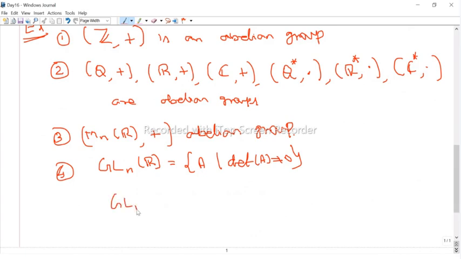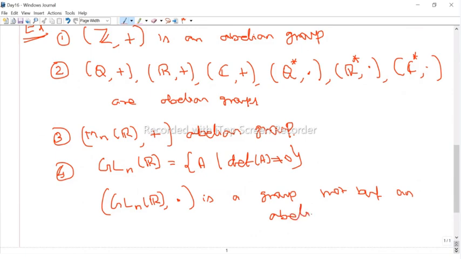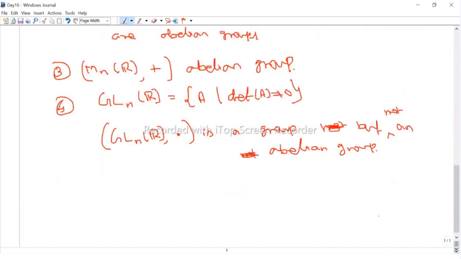Now this set with respect to matrix multiplication is a group, but it is not an abelian group, because in general matrices do not satisfy the commutative property, A into B equal to B into A. So it is a group but not an abelian group. This is one of the examples of a non-abelian group.